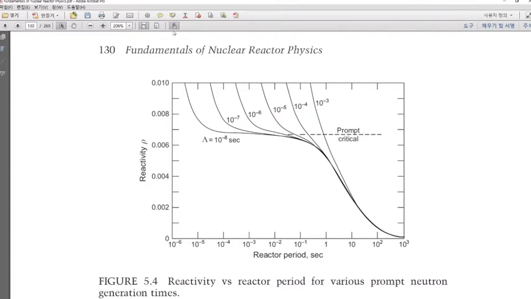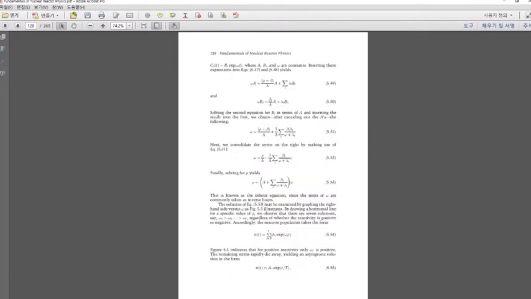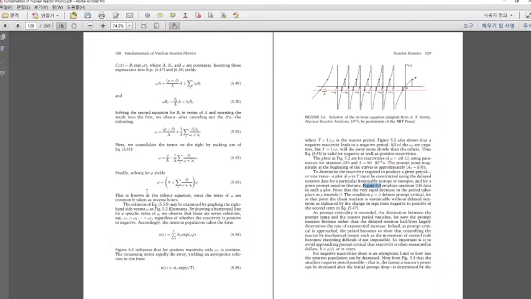The way to draw this figure is also given in this relation. So when rho is given, we are able to find the solution for omega.